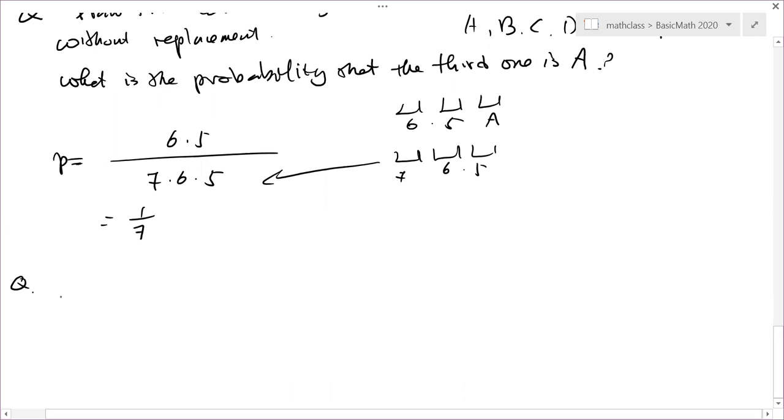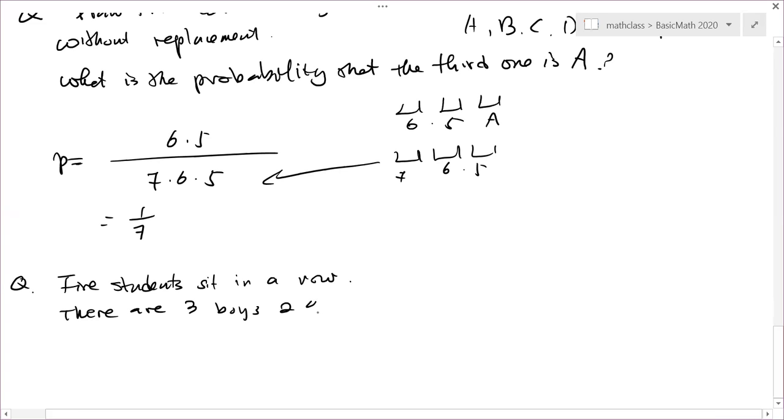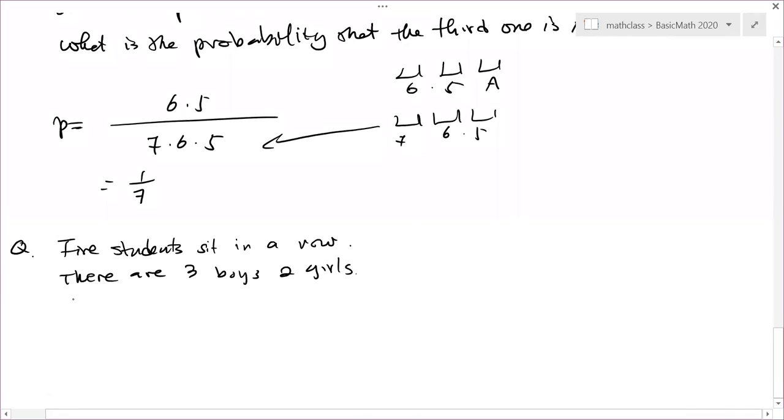What is the probability that the students at the end are both boys? 3 boys, 2 girls. My question is, what is the probability that the students at the end are both boys?